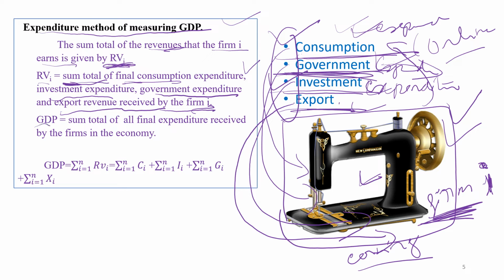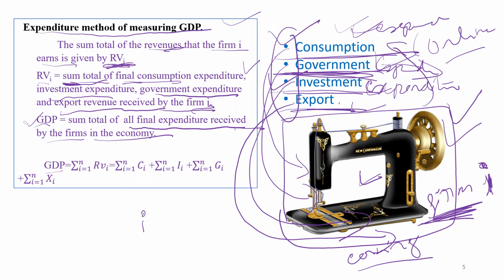Now what is GDP? GDP is the sum total of all final expenditure received by firms in the economy. How can we denote or simplify this? GDP is equal to the summation, sigma i equal to 1 to n, of RVi. See, there are so many firms.